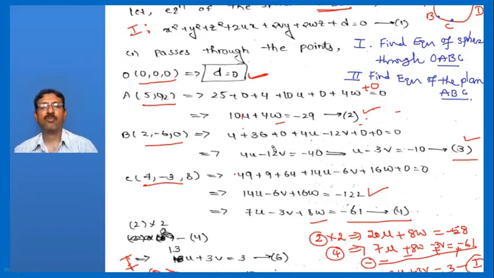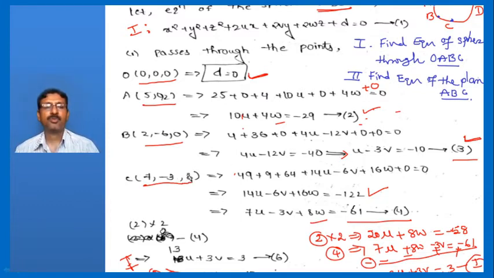So 4u minus 12v equal to 36 plus 4, 40, shifting to the right side, minus 40. Taking 4 common on both sides and cancelling 4, we get u minus 3v equal to minus 10. That is equation 3.